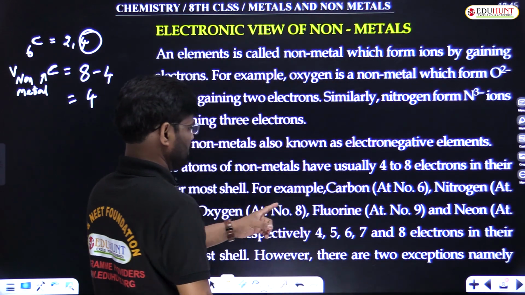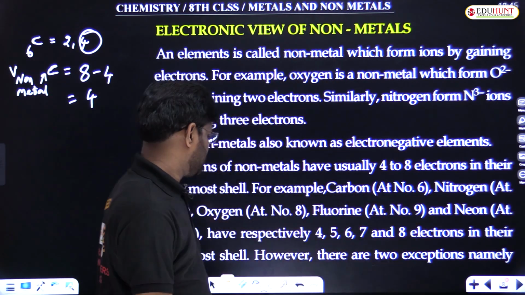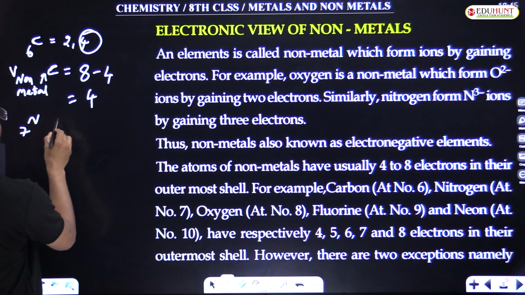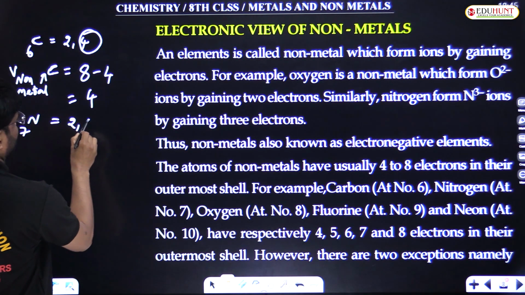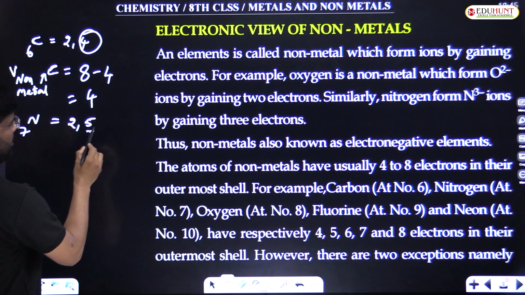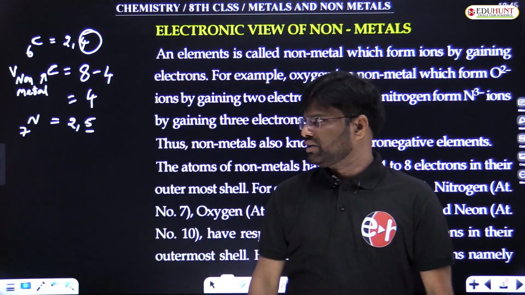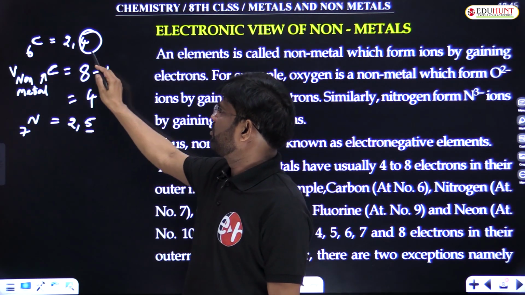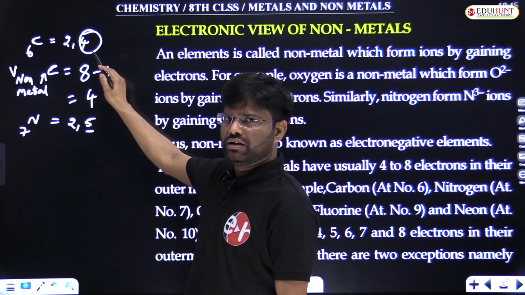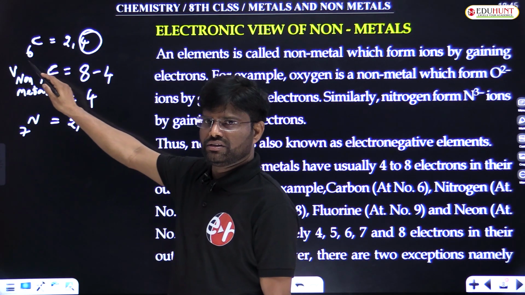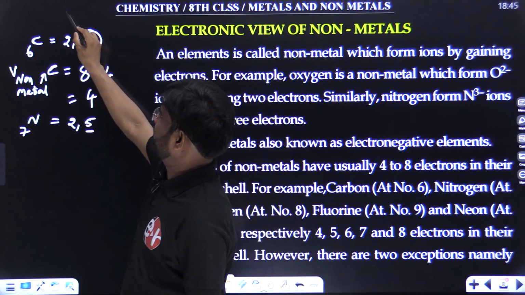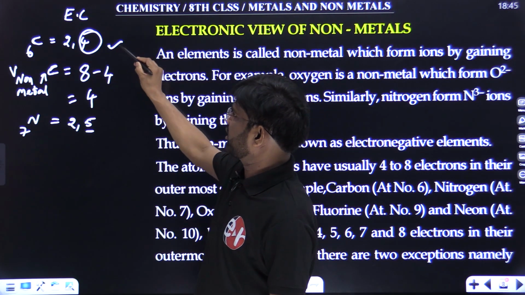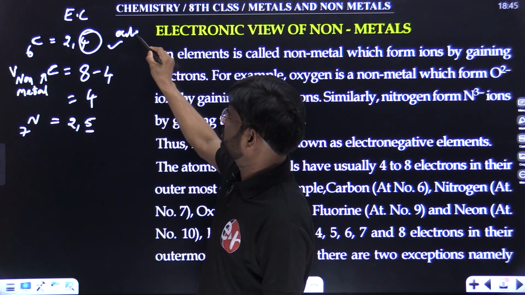Second, next to carbon with atomic number 6, nitrogen with atomic number 7. Here the configuration is 2, 5. The number of valence electrons is 5. Valence electrons means outermost electrons. Carbon has atomic number 6 and electronic configuration 2, 4.